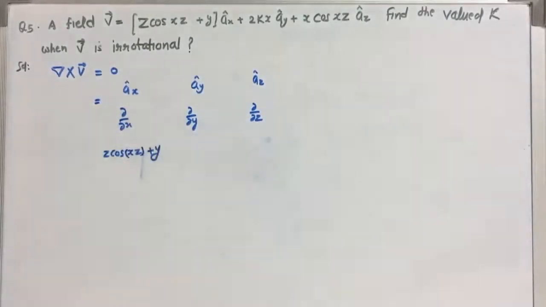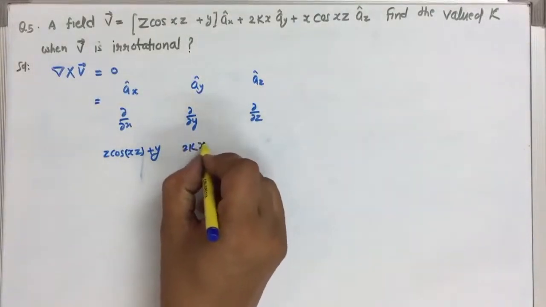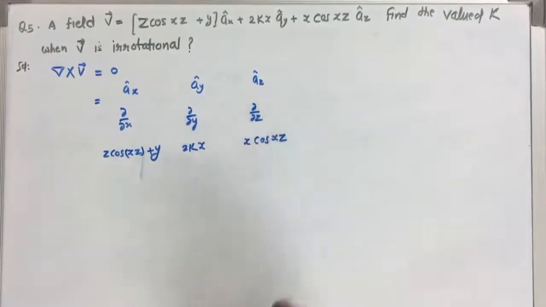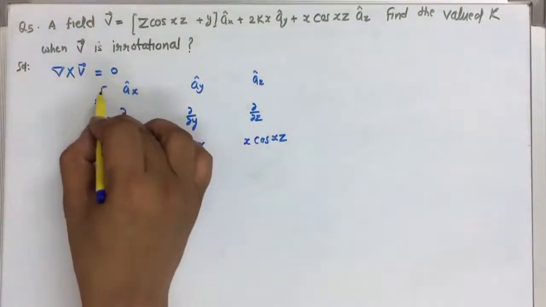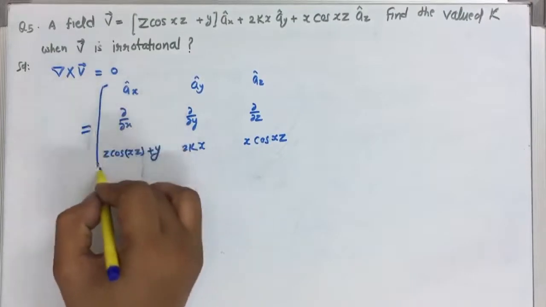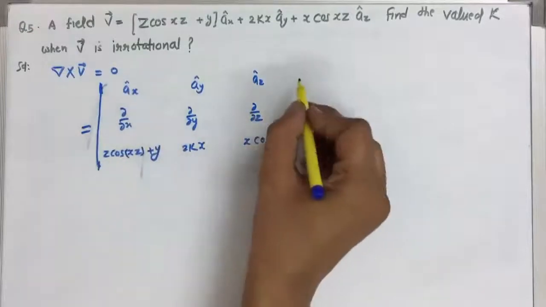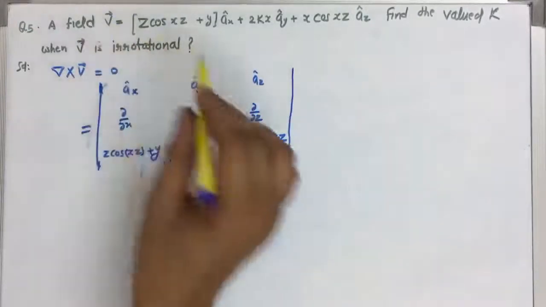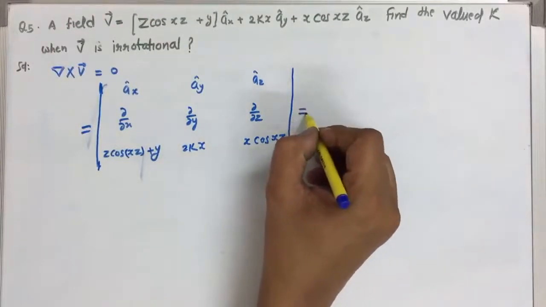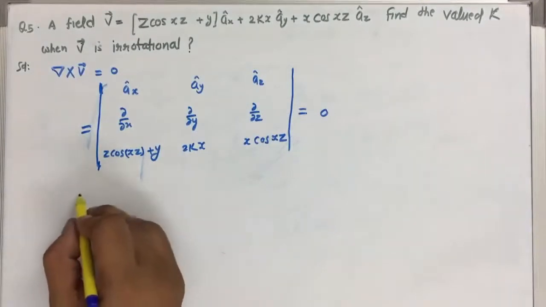Now the component in this direction and the component in this direction will give you the curl of vector field V. As it is said to be irrotational, it should be equal to 0. Now try to complete it.